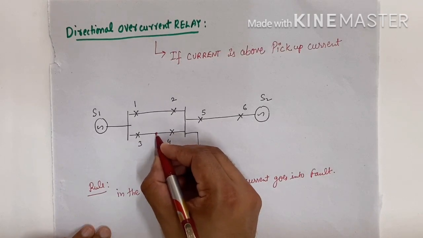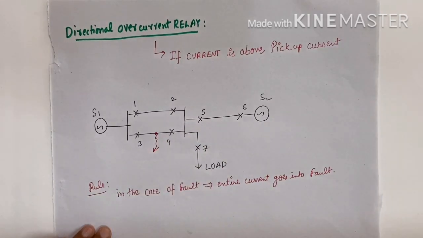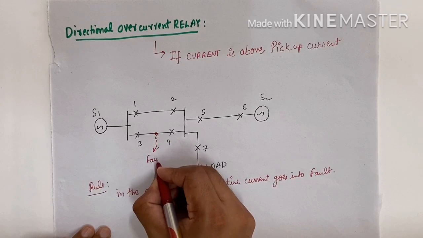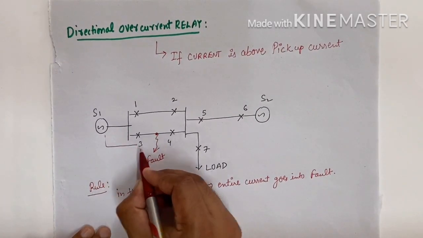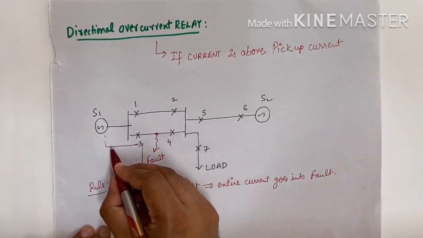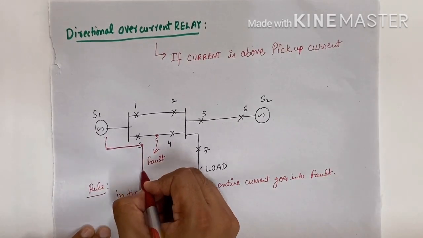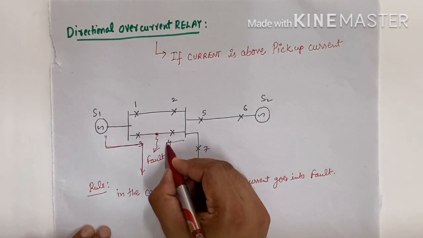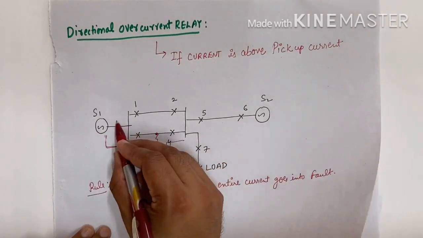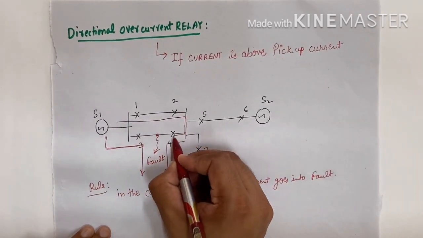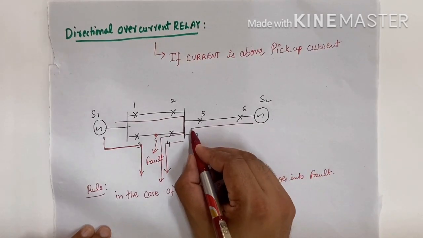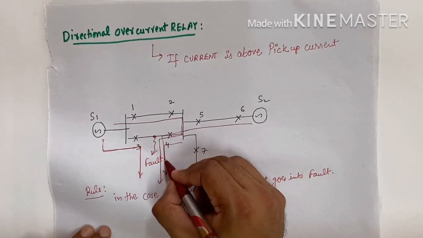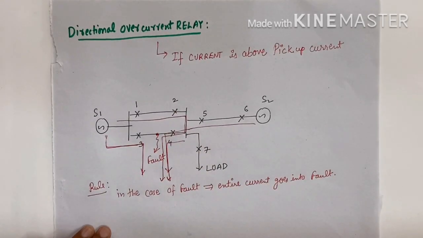Suppose the fault happens here, then the current flows from this to this here. The current flows from this to here, and from this to here, and the nature of the current is to flow from this to here only. So in this way you will see.